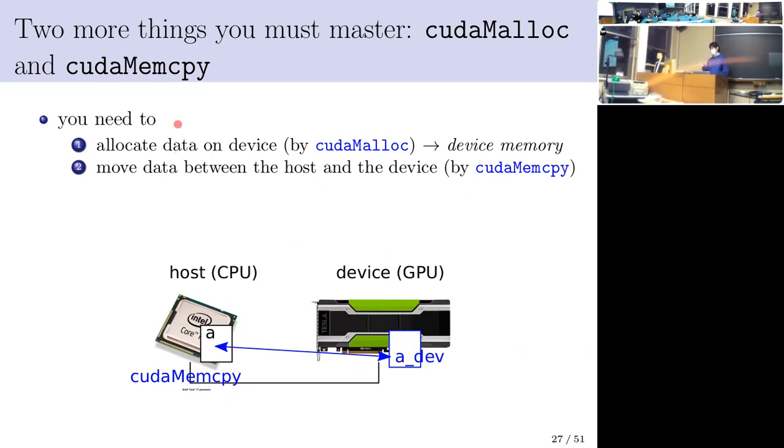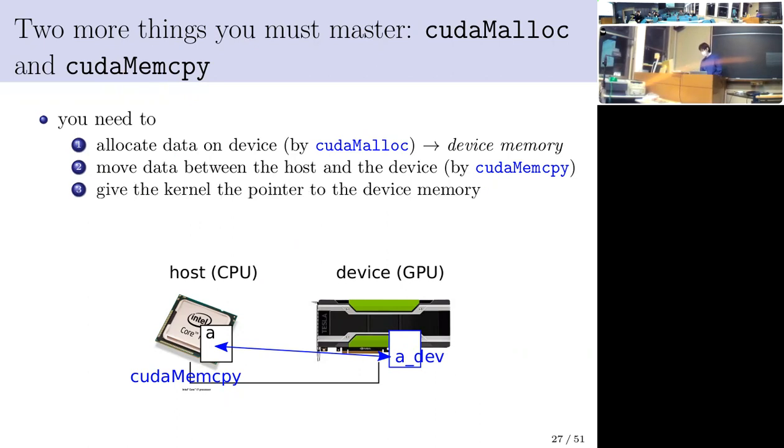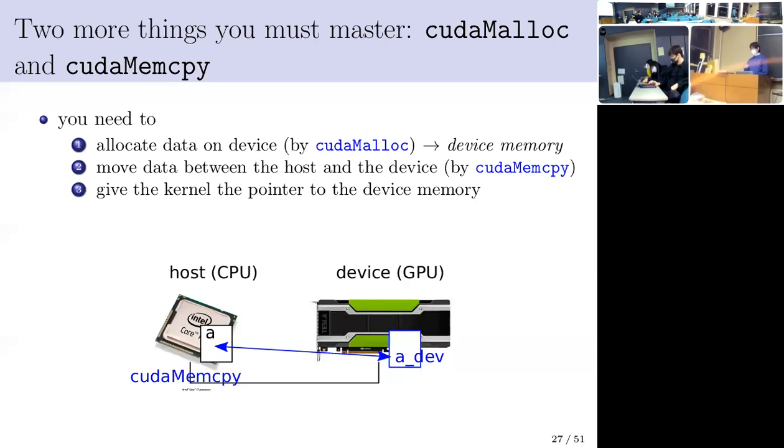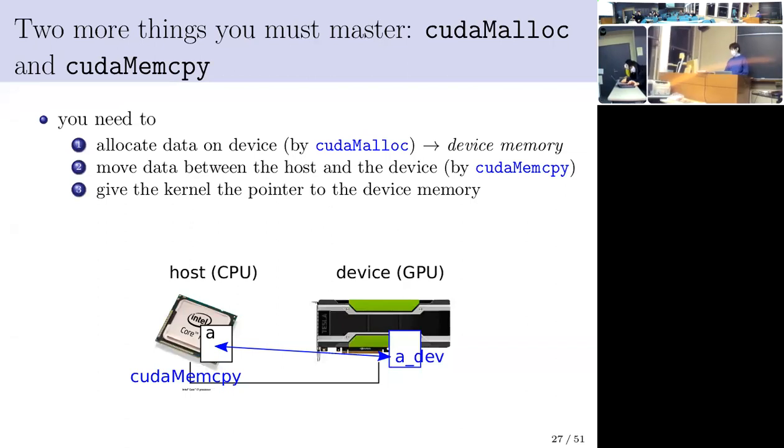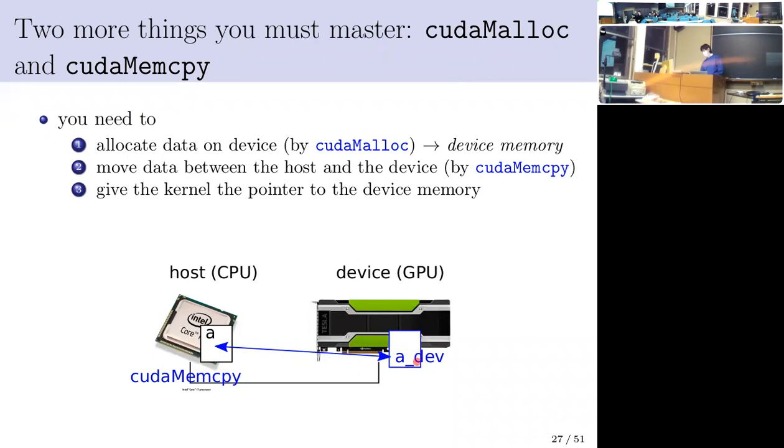This is a generic function with which you can move data between the host and the device in both directions, host to GPU or GPU to host. By setting the contents of this A_def chunk of memory by calling cudaMemcpy, you can pass the pointer to this A_def to the device code.